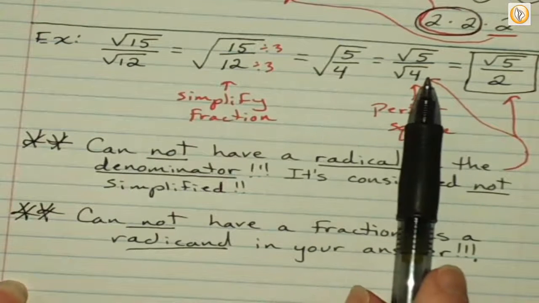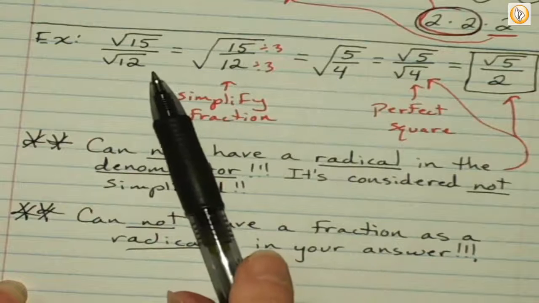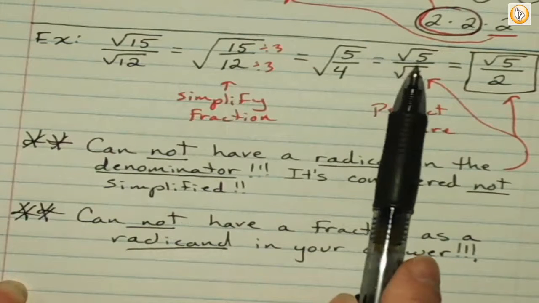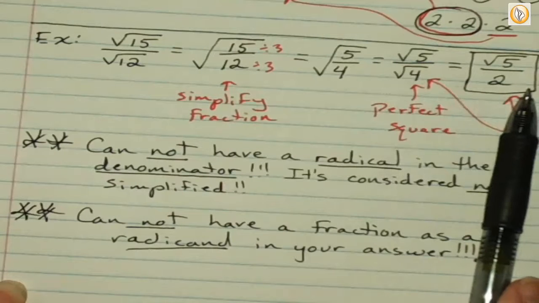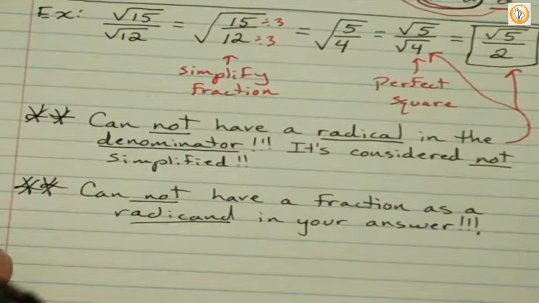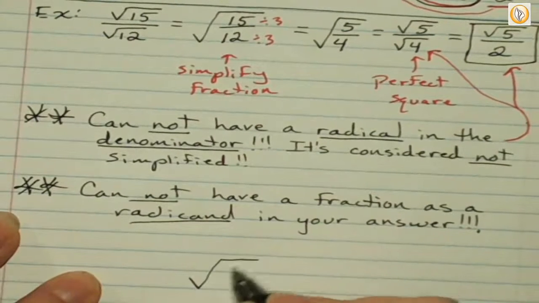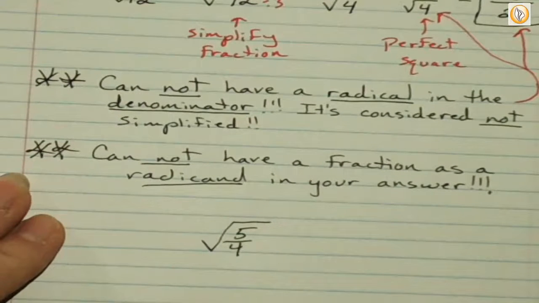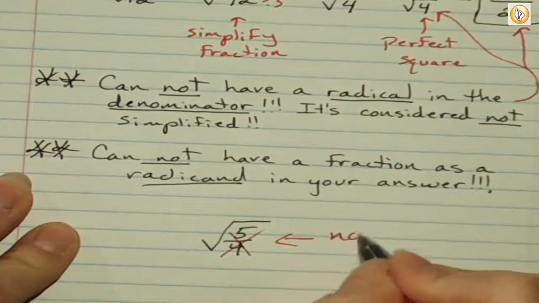That's why you break it up. If you want to skip this step because that makes you nervous, just reduce here to get to this, and then take that 4 out, you can. But you cannot have a fraction as a radicand in your answer. So if you were to have this, no.